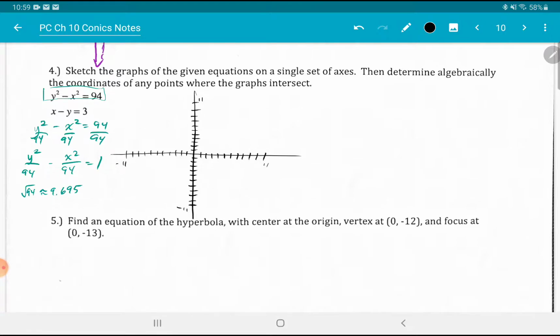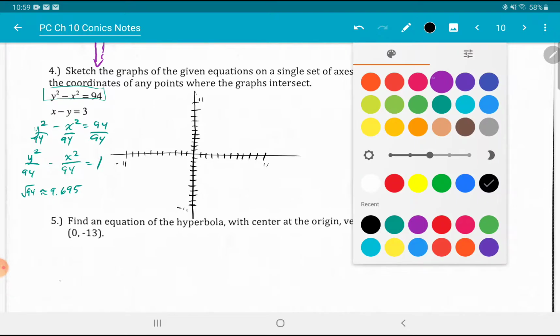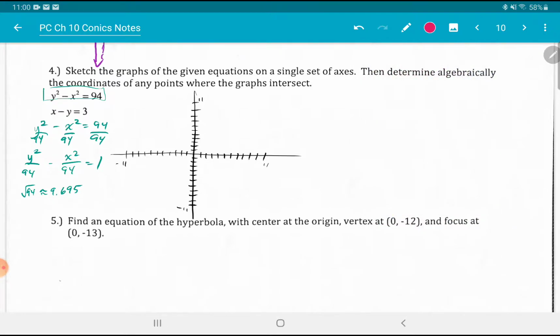Now, keep in mind that the 9.695 is going to represent both the rise and the run of your asymptotes. So I'll go up 9.69, and then go over 9.69, right around there.